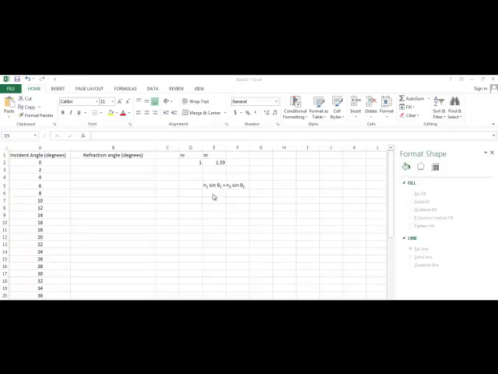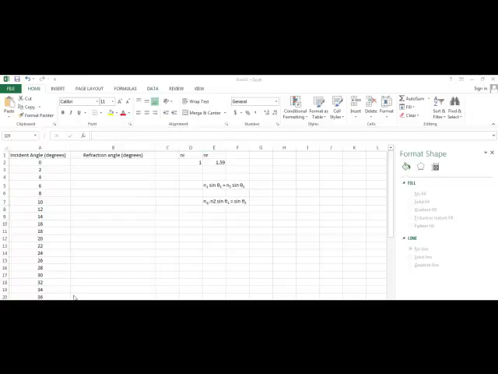N1 sine theta 1 equals n2 sine theta 2. Let's make our n1 the incident one, so we have to get a relationship for n2. So n1 over n2 equals sine theta 2 over sine theta 1, or finally theta 2 is arc sine of n1 over n2 times sine theta 1.